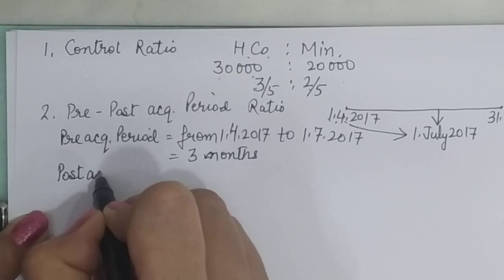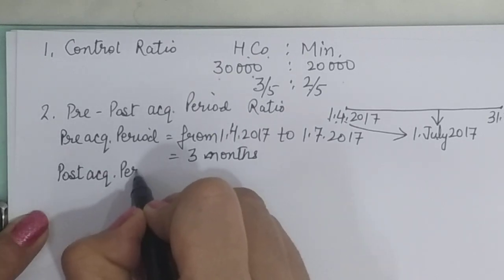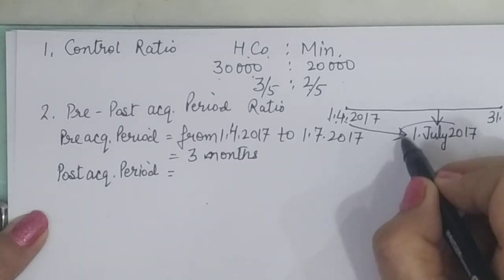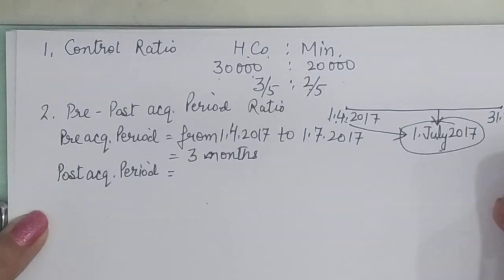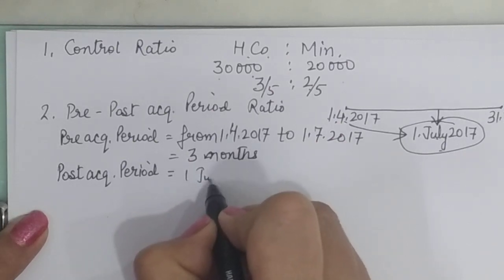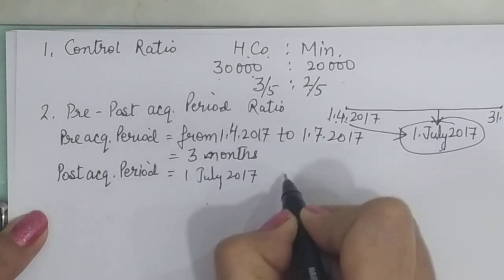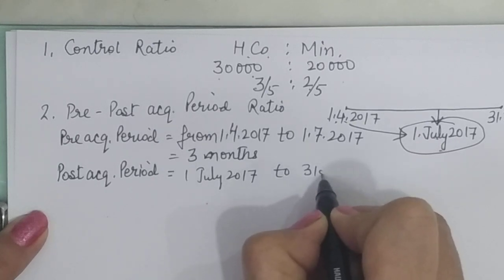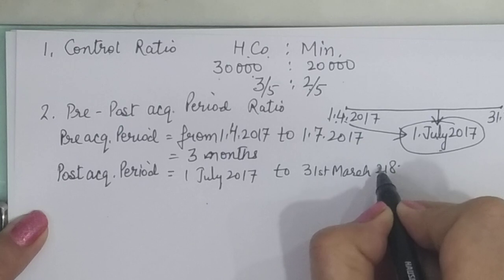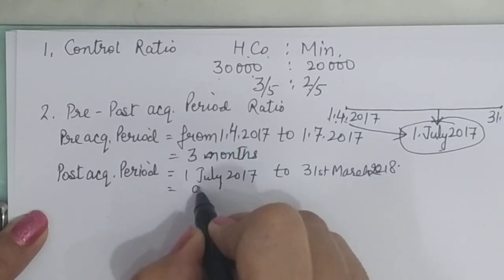Post-acquisition period, as the name says, is after acquisition. So you acquired shares on 1st July. After this, it comes here. So it is from 1st July 2017 to 31st of March 2018. That is 9 months.